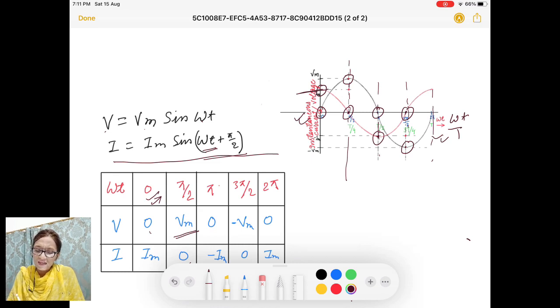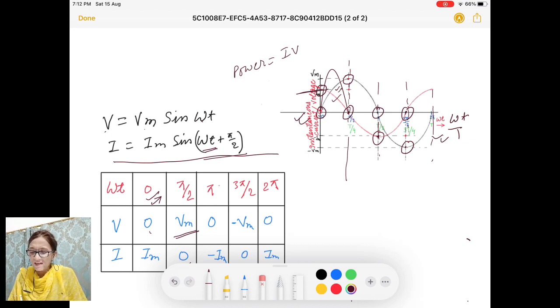So you can see current is along the positive direction in this graph. Voltage also is in the positive direction. So power P, which is equal to the product of I and V: I is positive here, V also is positive, so power comes positive. Power can be shown by this curve. Power is positive.